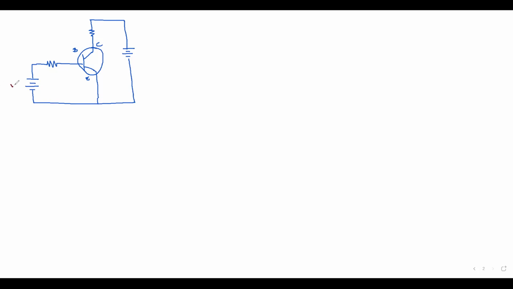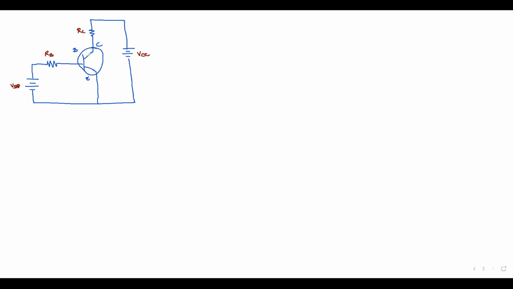This is your RB, or the resistor at the base. This is your RC, or the resistor at the collector. This is your VCC, or the voltage at the collector. So VBB is the voltage at your base, then RB, RC, and VCC.